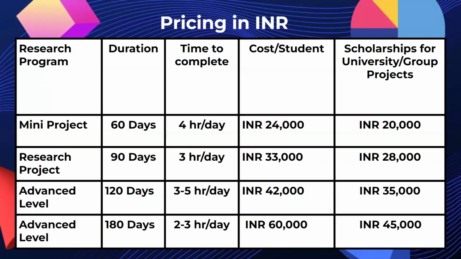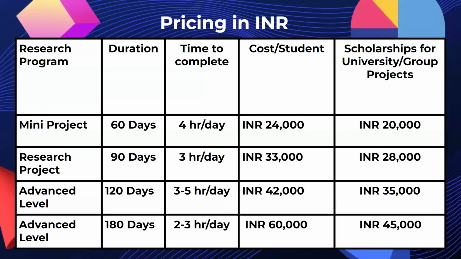For the advanced level research program, it will be 42,000 INR for 128 days, and a discount can be provided, like 35,000 for group projects. And for 180 days, if someone wants to go for publication, they can enroll for 60,000, and the discounted price will be 45,000.